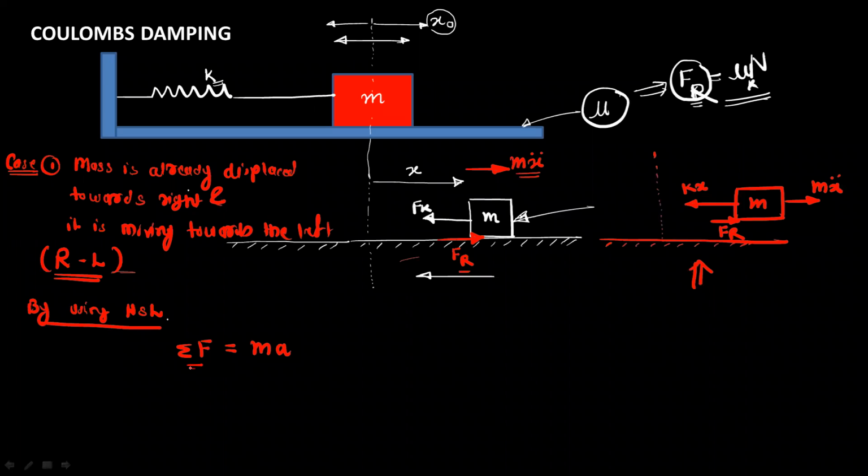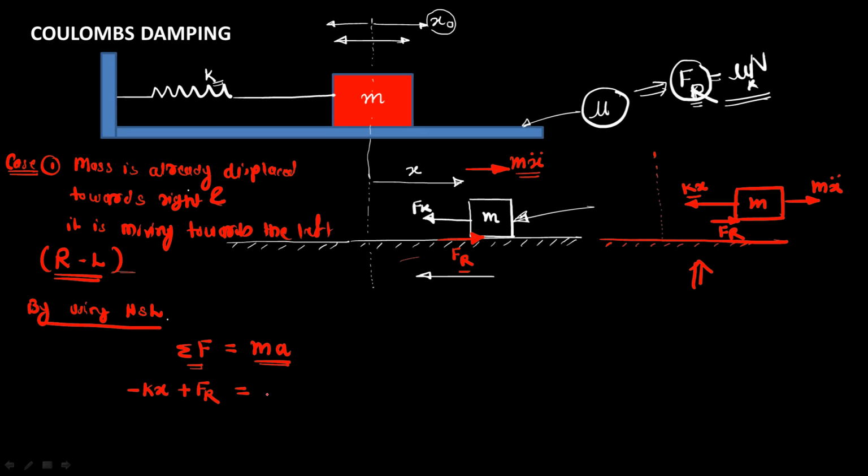In the summation of F, we will consider the external forces. The external forces are Kx and the second is Fr. Consider the proper sign convention. Kx is on the negative side, Fr is on the right side, so plus Fr is equal to the mass into acceleration, that is the inertia vector.